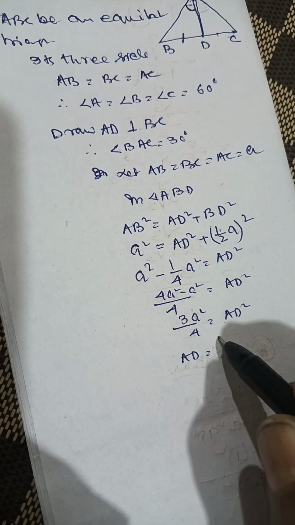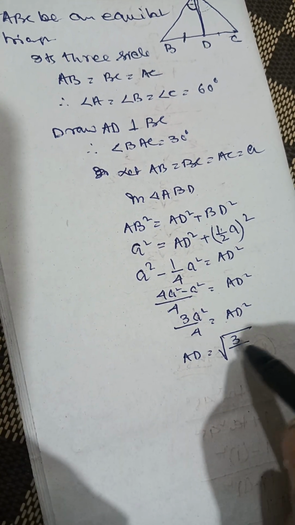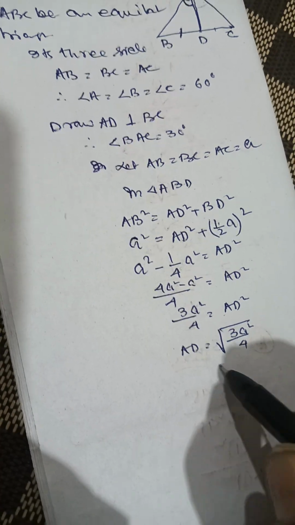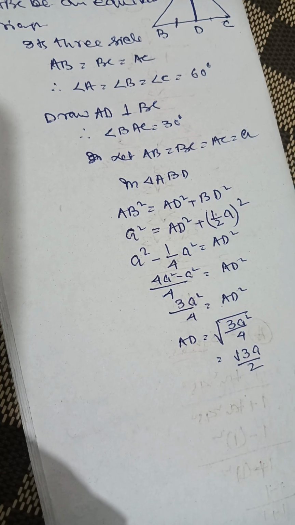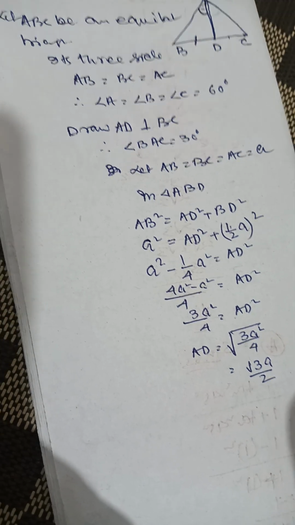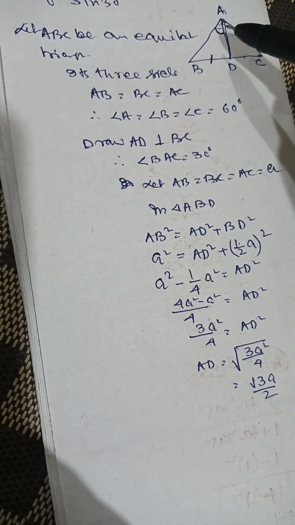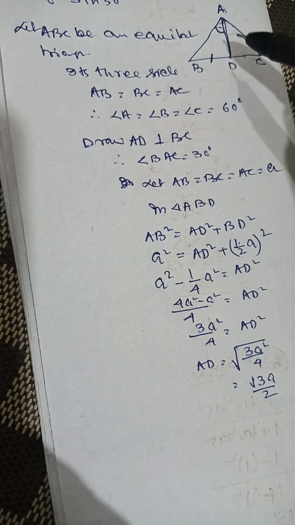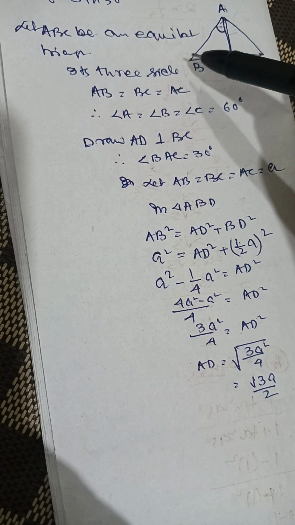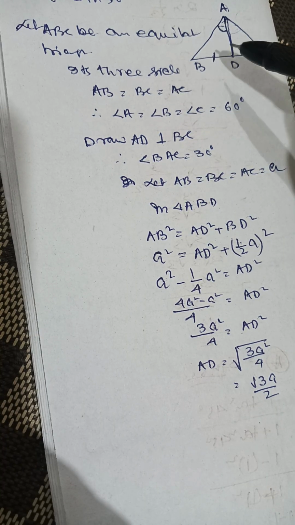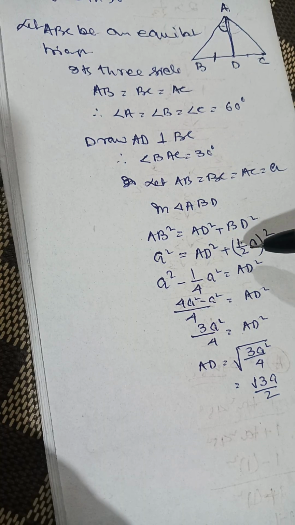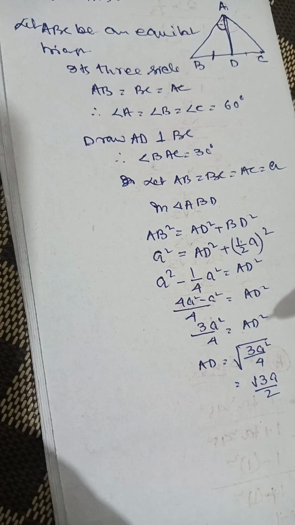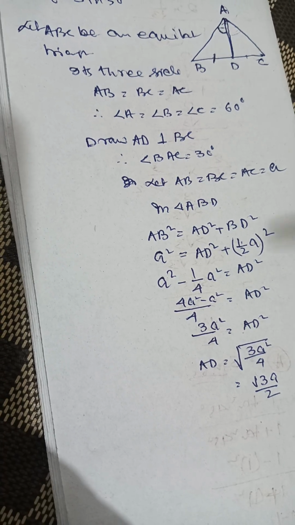Therefore, you write AD equal to root over 3A square by 4, means root 3A by 2. So in triangle ABD, we know AB is A, BD is half of A, and AD is root 3A by 2.